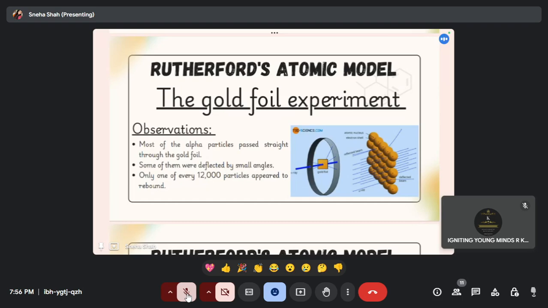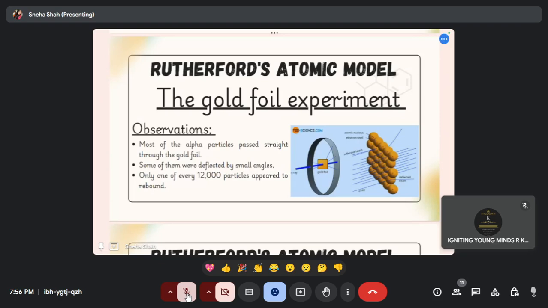But what actually happened was most of the alpha particles passed straight through the gold foil. Only one of 12,000 particles bounced back. So he realized that only one particle out of 12,000 alpha radiations is coming back to the original position.